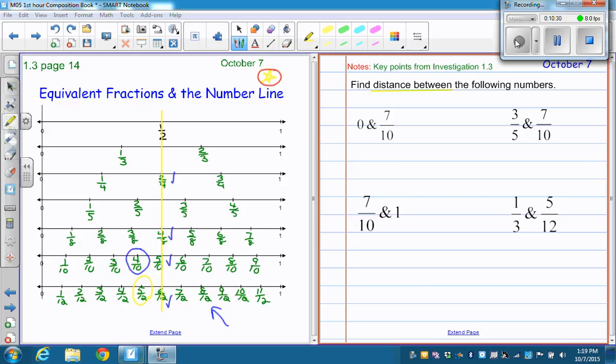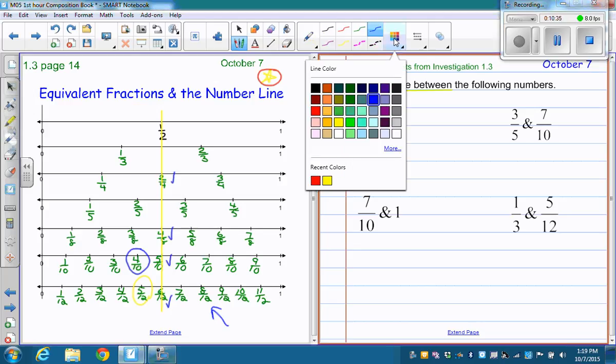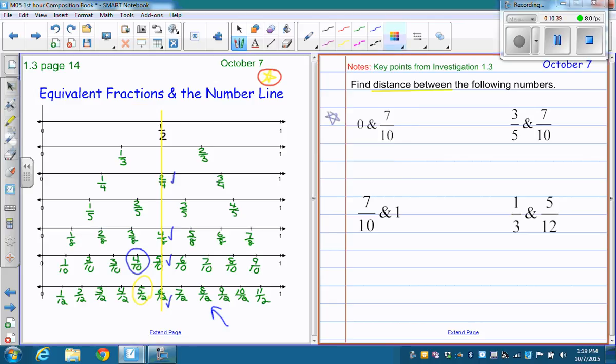For example, if I want to find the distance between 0 and 7/10, I'm going to start with my equivalent fraction chart here and look for the tenths. And then I'm going to put my pen at 0 and just count jumps until I get to 7/10. So that's 5 jumps, 6 jumps, 7 jumps.